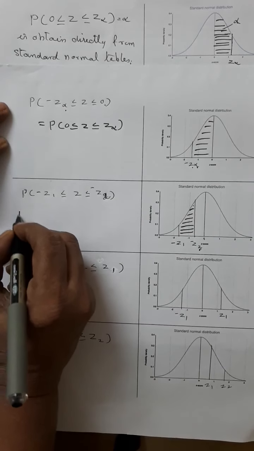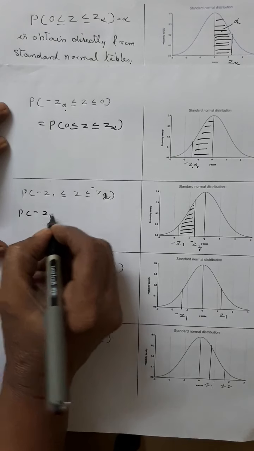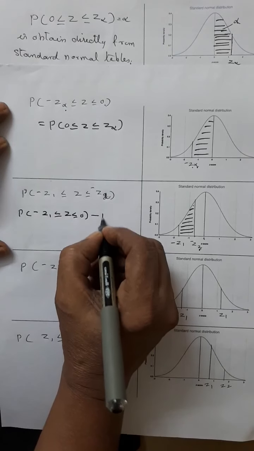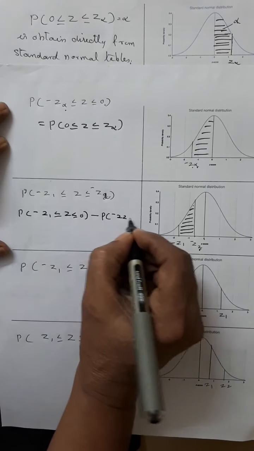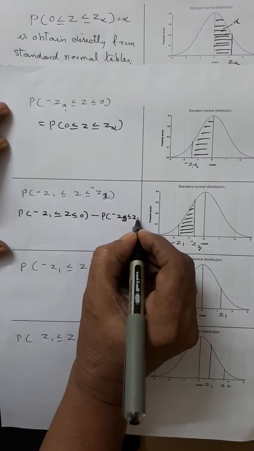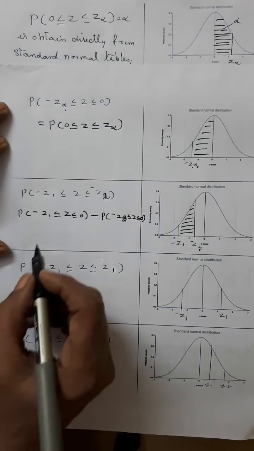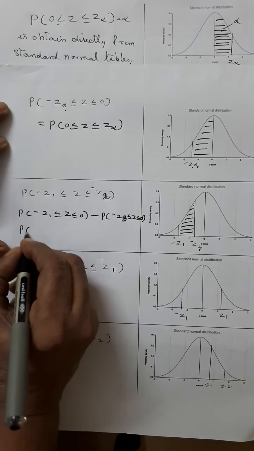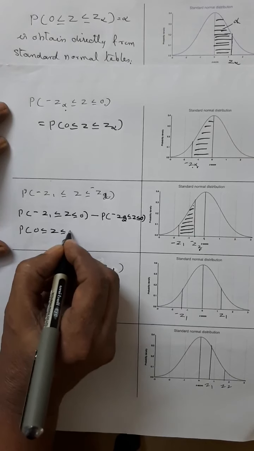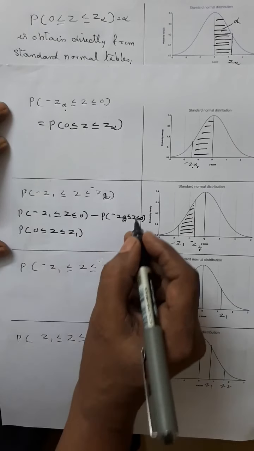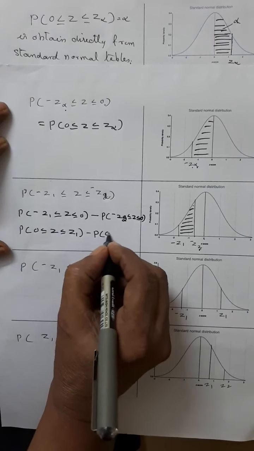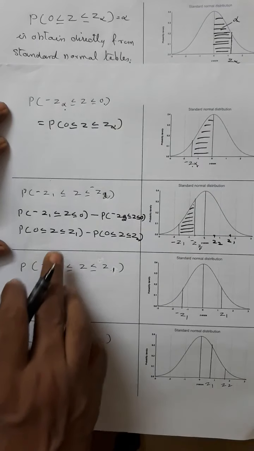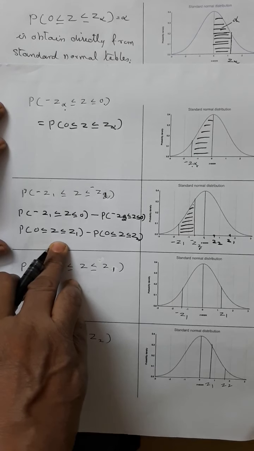That is P of minus z1 less than or equal to Z less than or equal to 0 minus P of minus z2 less than or equal to Z less than or equal to 0. By the symmetry property, we can rewrite this as P of 0 less than or equal to Z less than or equal to z1 minus P of 0 less than or equal to Z less than or equal to z2, which we can obtain directly from the standard normal tables.